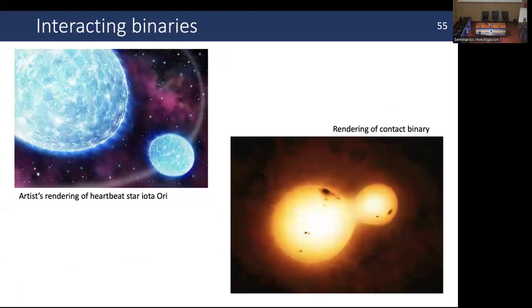Of course, if you go to targets that are even more exotic, say, like interacting binaries, you should also be able to see something like this, right? If there's a distortion of the star, for instance, because there are 2 stars that are coming close to each other, like the heartbeat stars. Like this is a rendering for Iota Orionis. If there's a distortion of the star, we expect also to see this for bright targets.